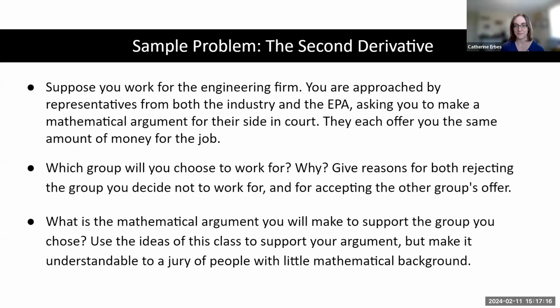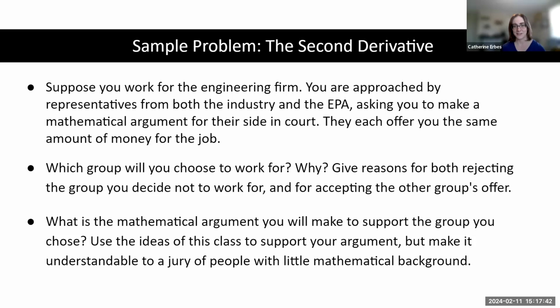And to justify their decision, I gave them a subset of the ethical guidelines to reference so that would help them decide which one was the more ethical decision. And we also asked them to make a mathematical argument to support whichever group they ended up deciding to work for.